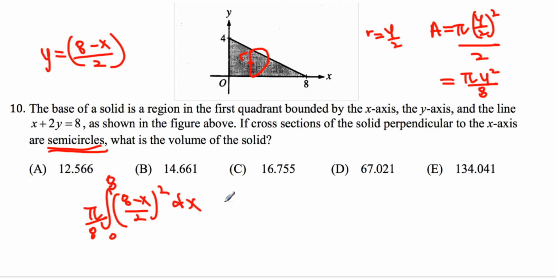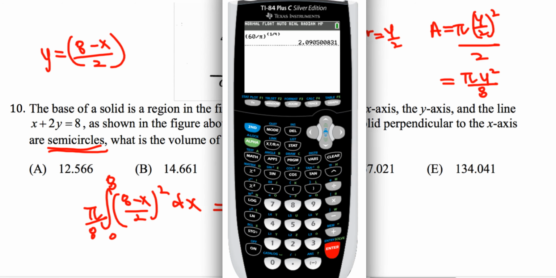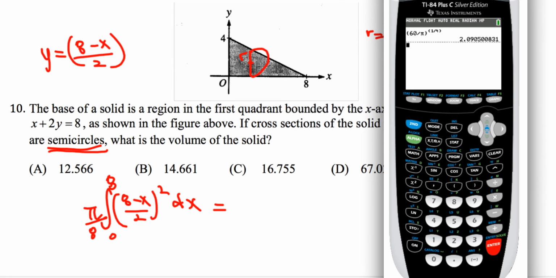dx. Now, since this is a calculator question, I'm going to put this into the calculator and see what happens. So here we have pi over 8, and then we're going to take the integral. Lower bound is 0, upper bound is 8, and then the expression inside becomes 8 minus x divided by 2.